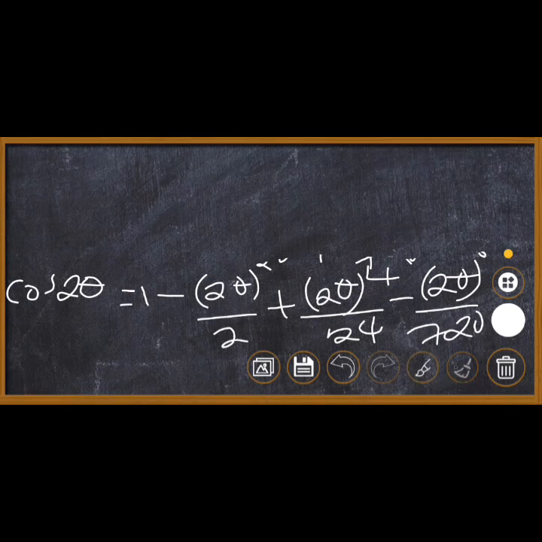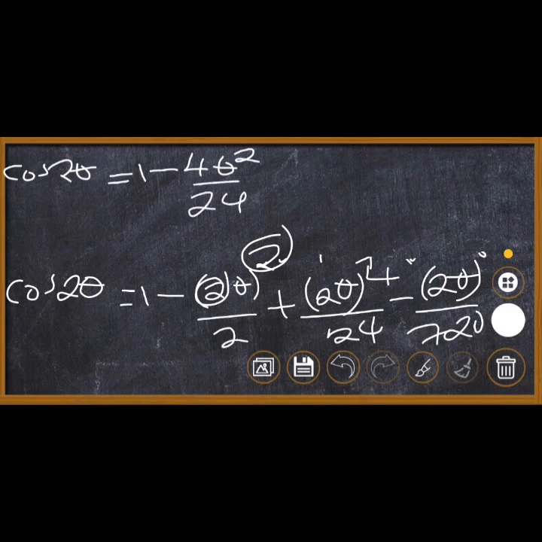So let's simplify that. Cos of 2 theta is going to be 1 subtract, here there is squared. Now 2 raised to the 2nd power is 4, so it's going to be 4 theta squared over 2.